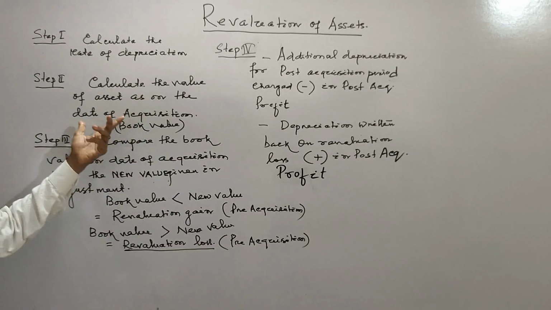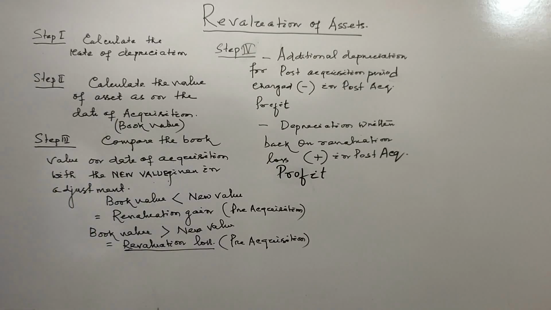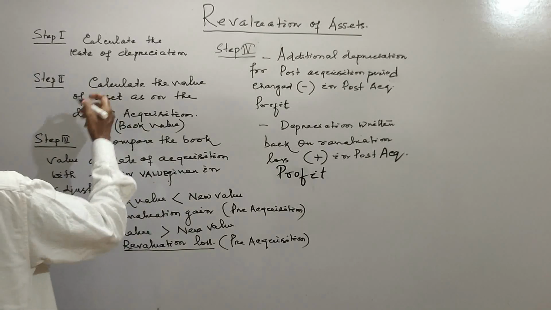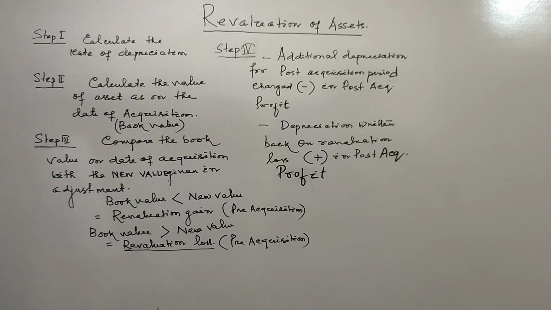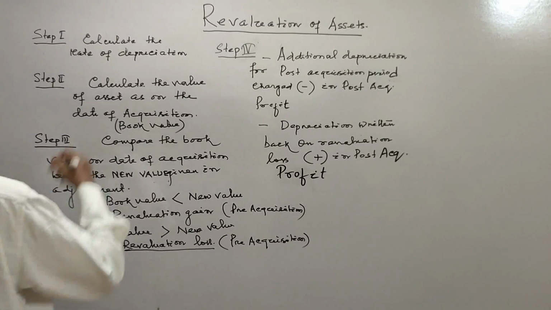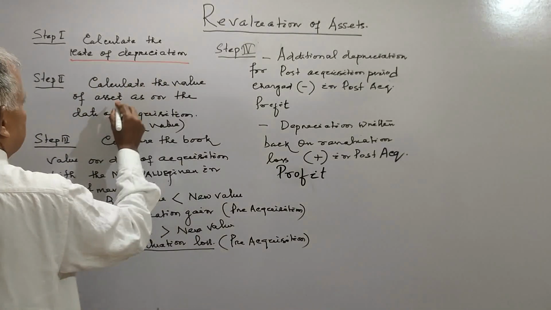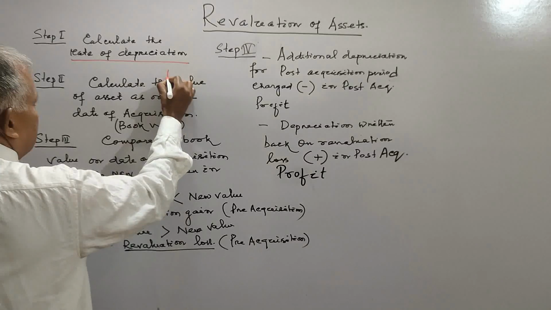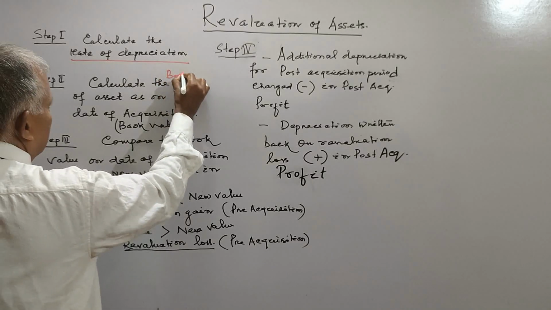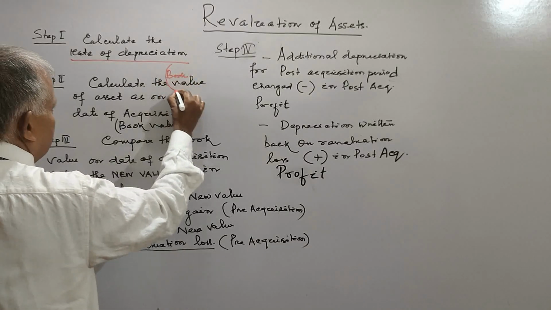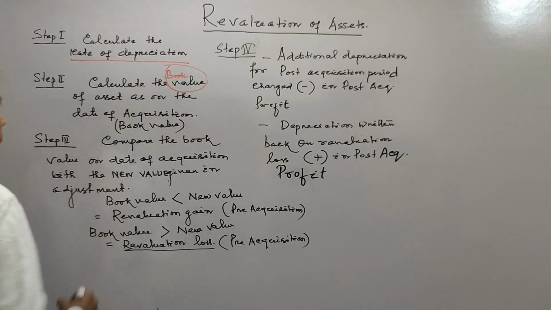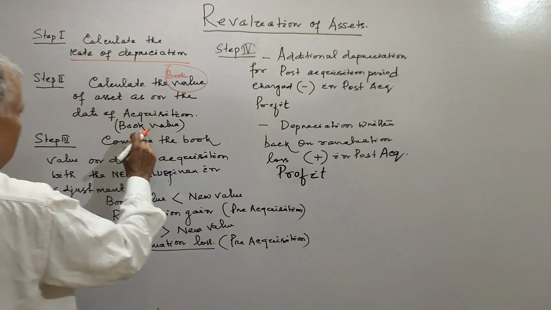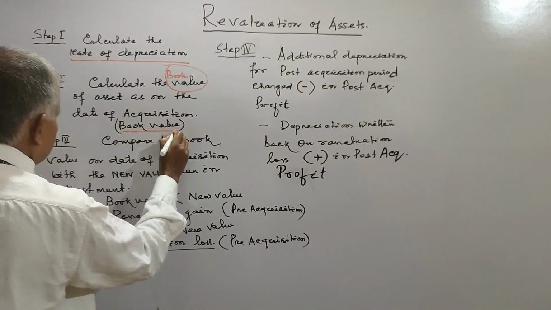Calculate the value of asset as on the date of acquisition. Friends, I should tell you this is the book value as on the date of acquisition. Calculate the book value, that is, after depreciation, book value as on the date of acquisition, this is book value, right?